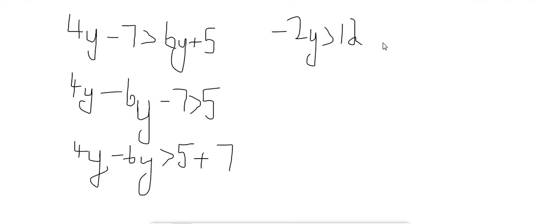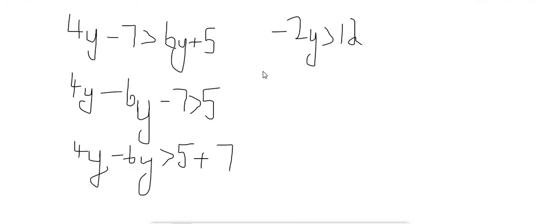Alright, so what we do here is divide by -2 if you want to find y, which is exactly what you do in an equation. But when you are dividing by a negative or multiplying by a negative, you flip around the inequality sign.